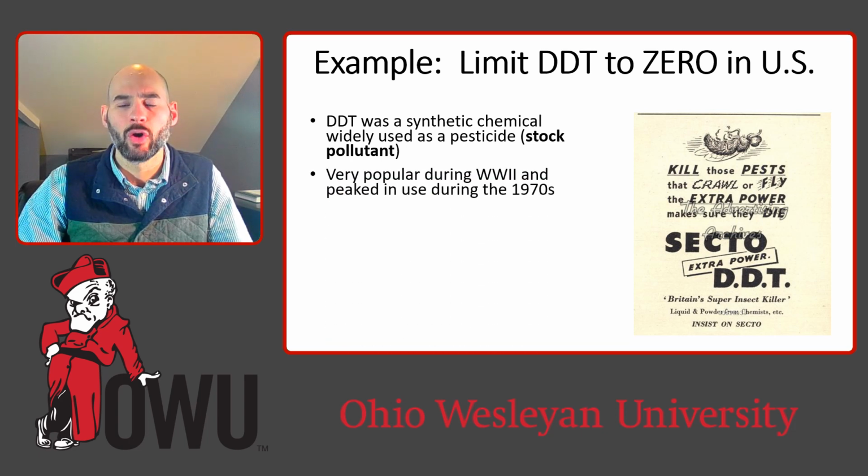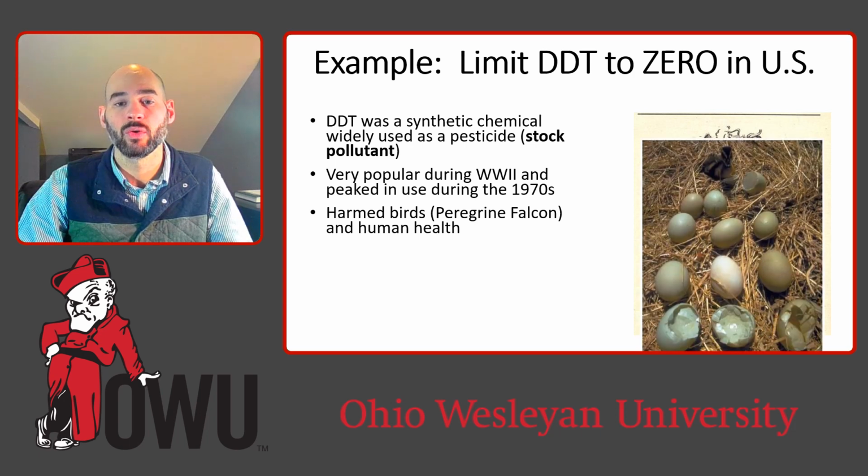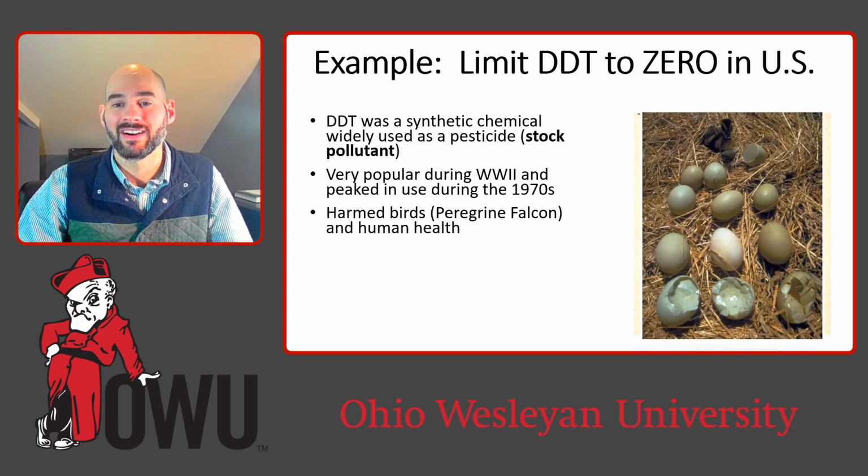Though it was popular for being effective as a pesticide, it harmed birds and human health, specifically peregrine falcons and bald eagles. It made their shells really brittle and break, and it did lead to several species of birds making the endangered species list, coming dangerously close to extinction.